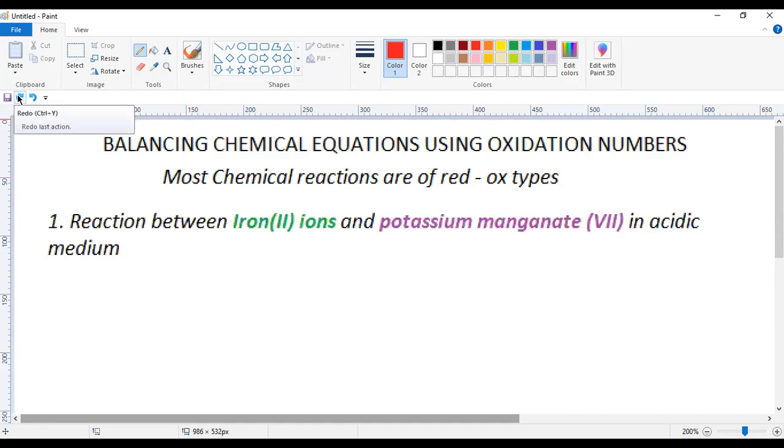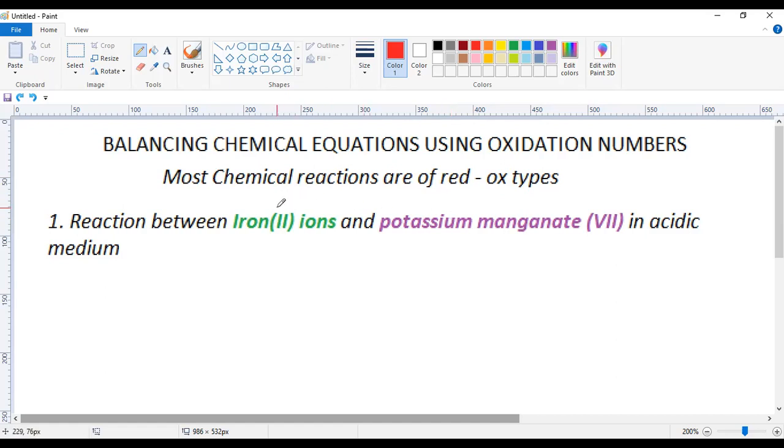I would like to use the first reaction between iron 2 plus ions and potassium manganate 7 in acidic medium. I've used iron 2 ions in green because iron 2 solutions are greenish, and potassium manganate 7 I have used in purple because the color of potassium permanganate is purple.